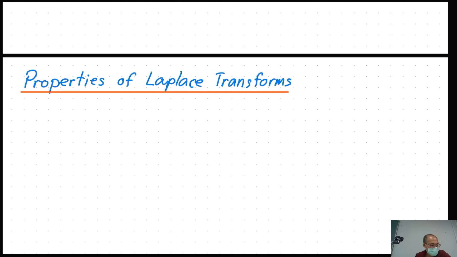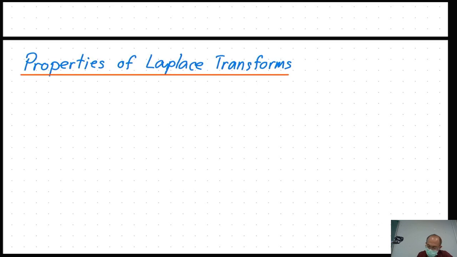The first property is called linearity, which I think is the most important property. By the way, I'm not going to prove every property, because we don't have enough time to do that.